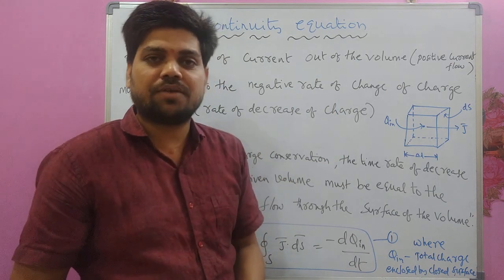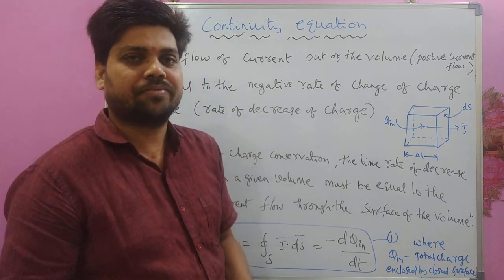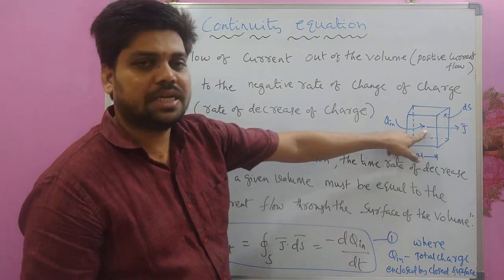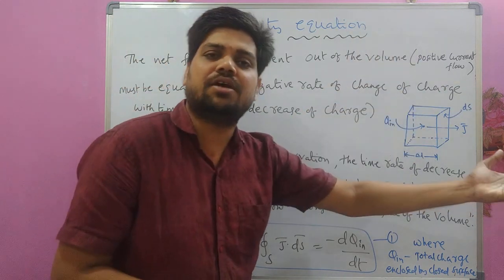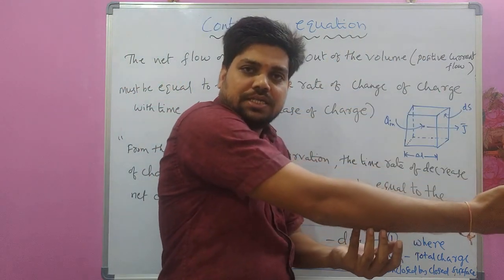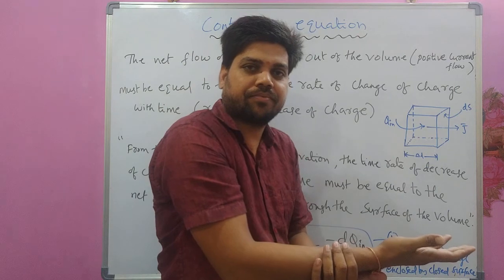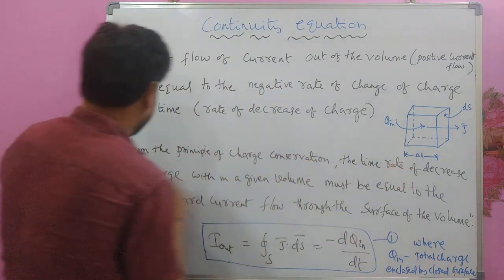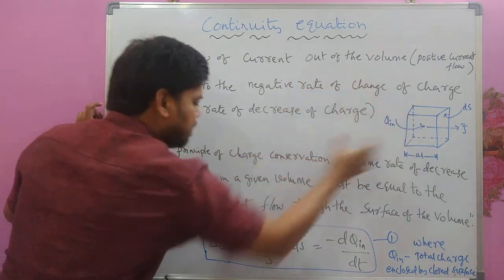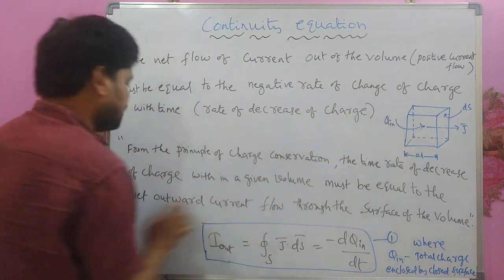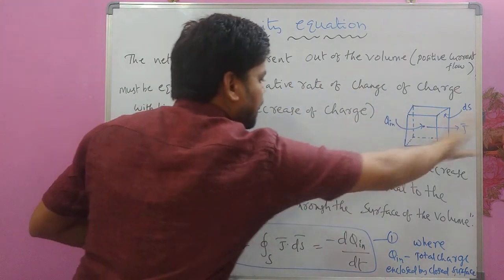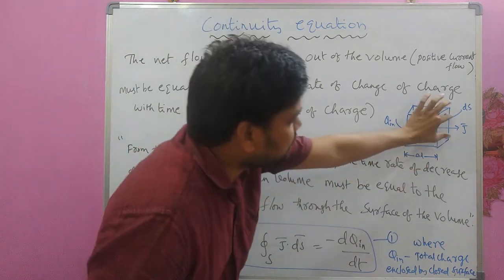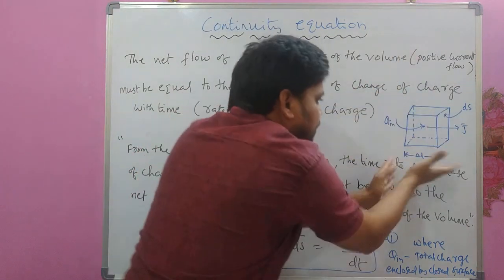So according to the principle of conservation, what do we write? Whatever the decrease that is here is exactly equal to the amount of current flow that is going out. That is the principle of charge conservation. The time rate of decrease of charge within a given volume must be equal to the outward current passing through the surface of this volume.